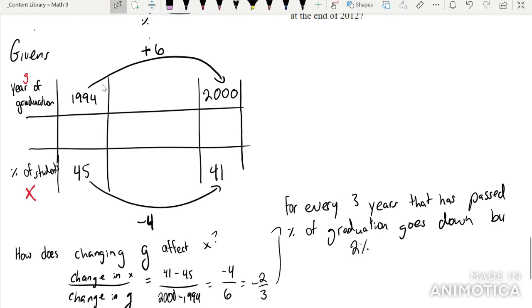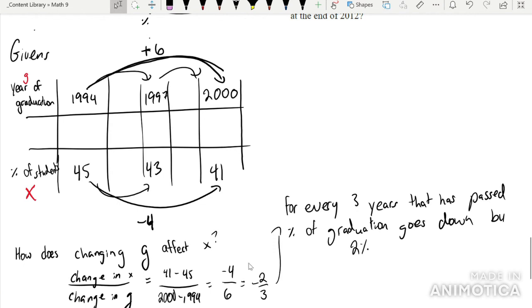And we can see if it goes up by 6 years, it goes down by 4%. So if I go 3 to 1997, I'm going to change by 2%, and I'm going to go to 43%.